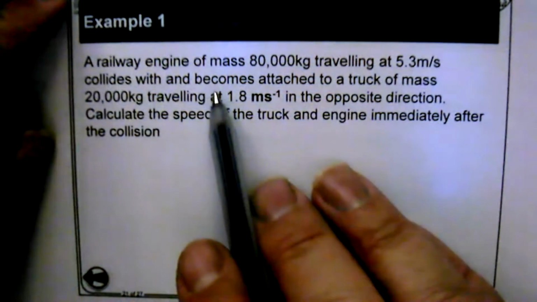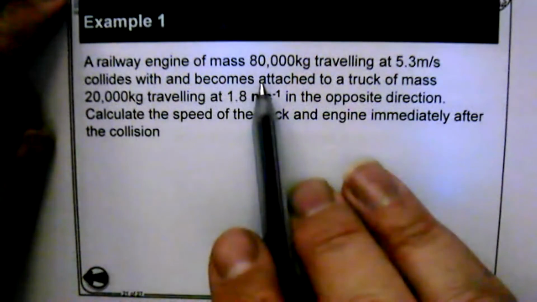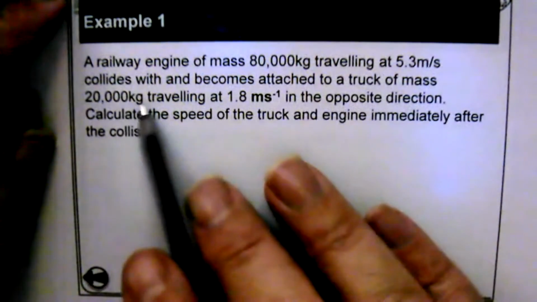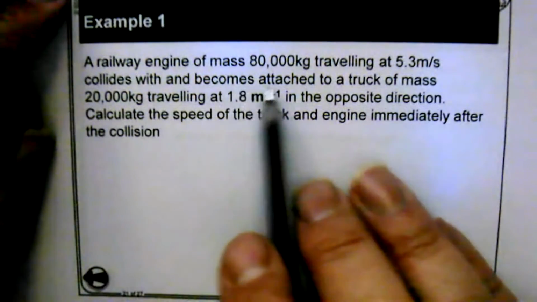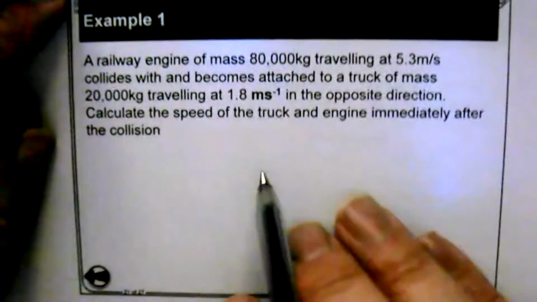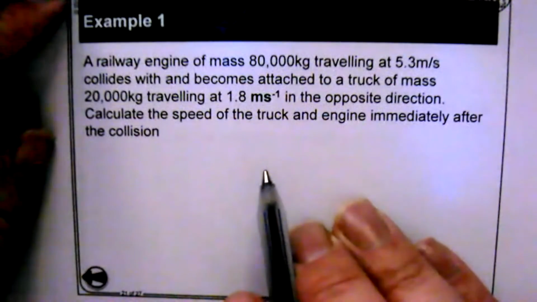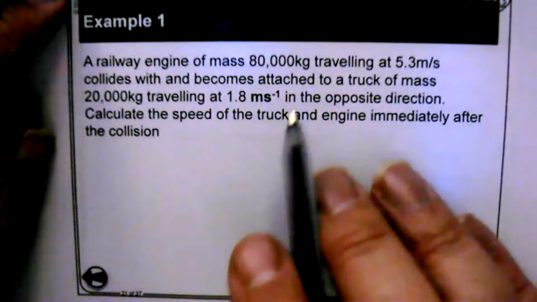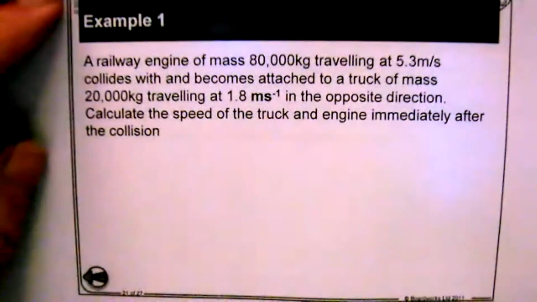We've got a railway engine with a mass of 80,000 kilograms, traveling at 5.3 meters per second, collides with and becomes attached to a truck of mass 20,000 kilograms, traveling at 1.8 meters per second in the opposite direction. We've got to calculate the speed of the truck and the engine immediately after the collision. It says they become attached, so they get stuck together.